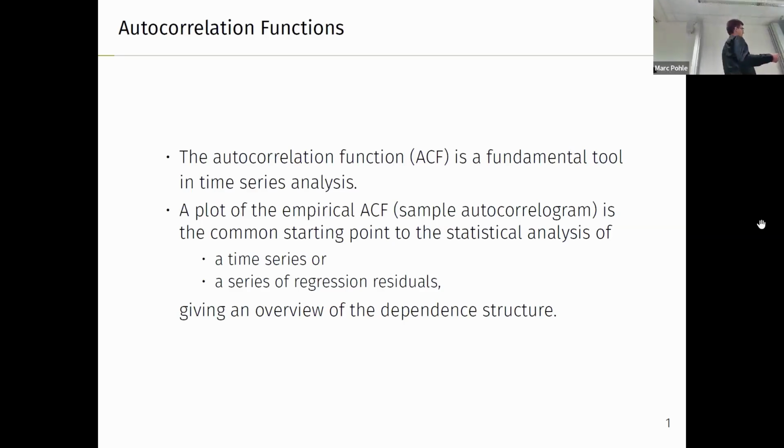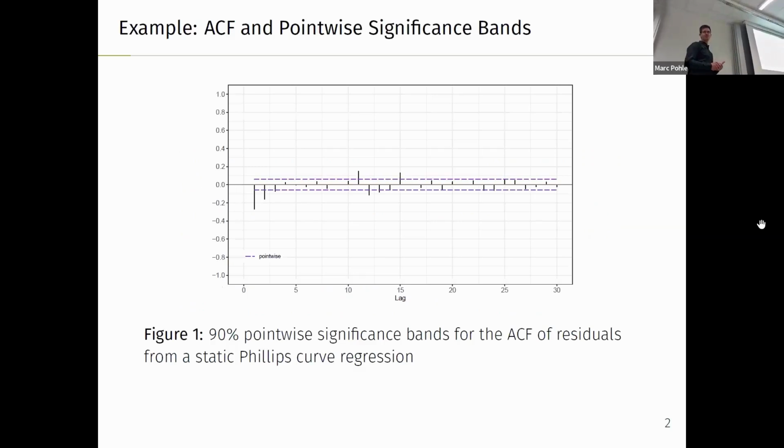Either if you want to get a first overview of the dependence structure, or if you want to analyze a series of regression residuals from a time series regression. And here we have an example of such a plot, from R, but you can get this plot with any statistical software basically in the same way.